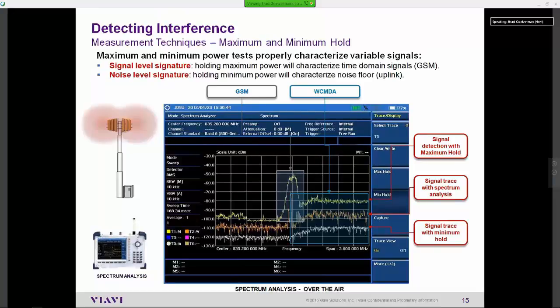Here, as far as interference detection measurement techniques, again, the max hold and min hold. As I talked about before, you can clearly see with a max hold that there's a signal here, which is GSM.